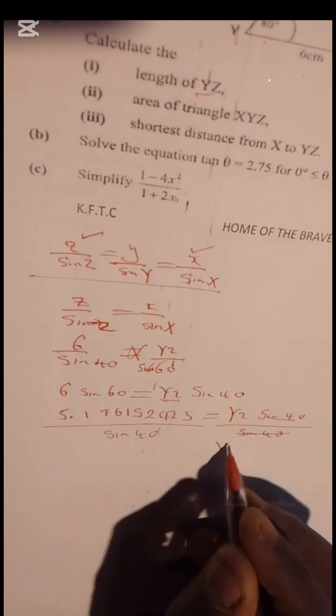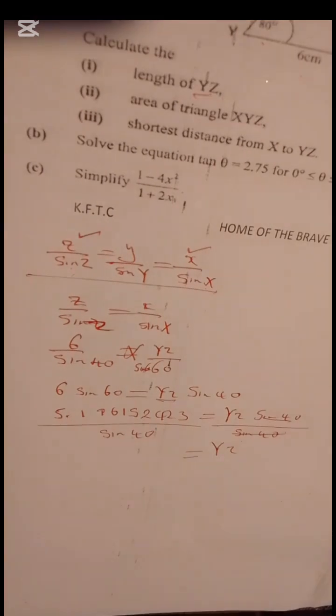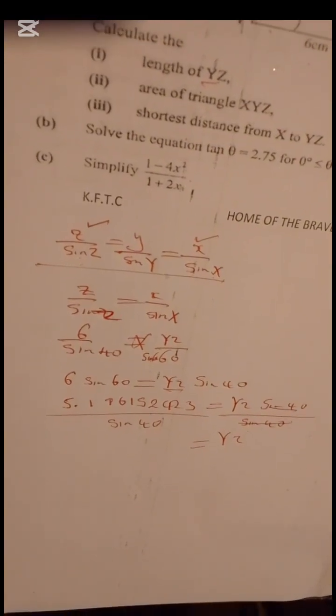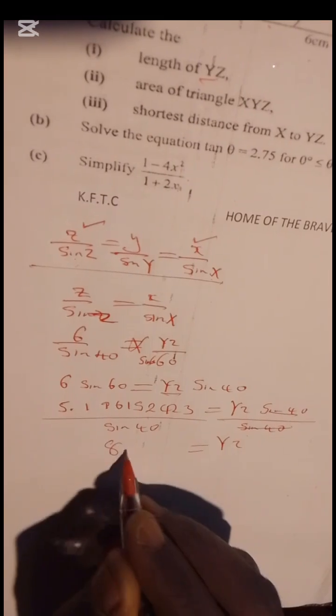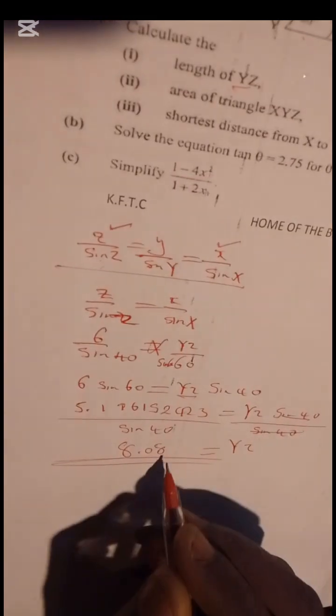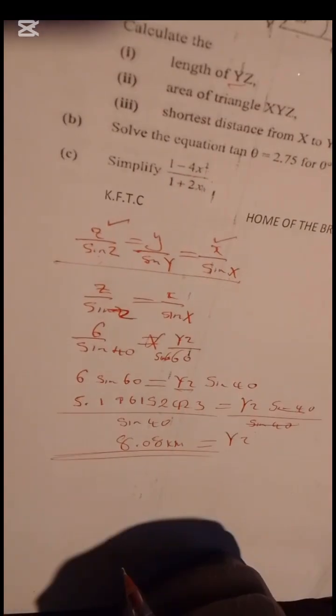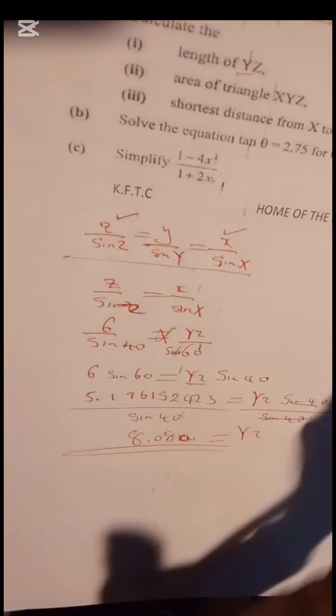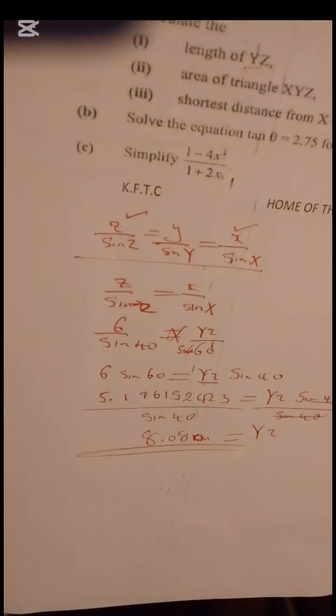This and that cancel, so YZ will be equal to that divided by sine 40. Our answer will be 8.08 centimeters. There is no finding of inverse here, it's just direct when you're finding a side.